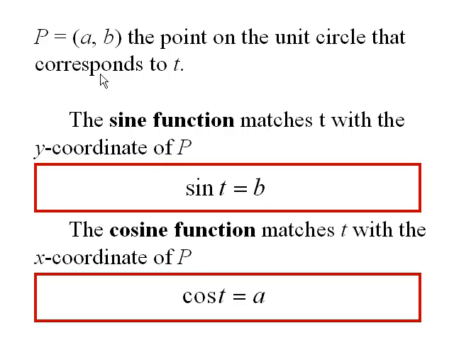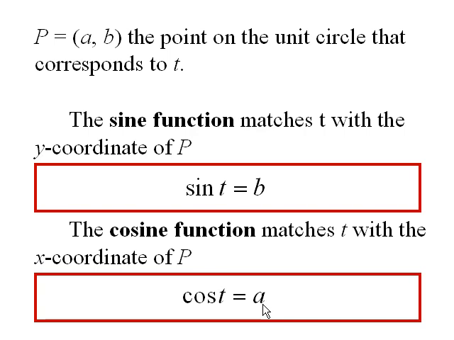In short, this point AB on the unit circle has coordinates that are immediately values of the sine and cosine. Sine of the value t, which is the radian measure of the angle, is the y-coordinate of that point. That's the coordinate b, the second coordinate.